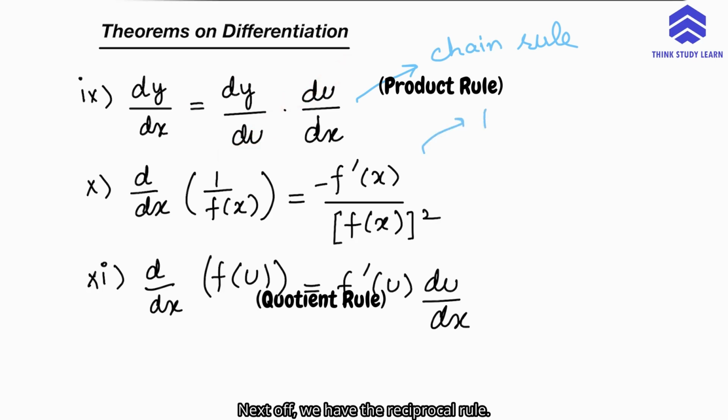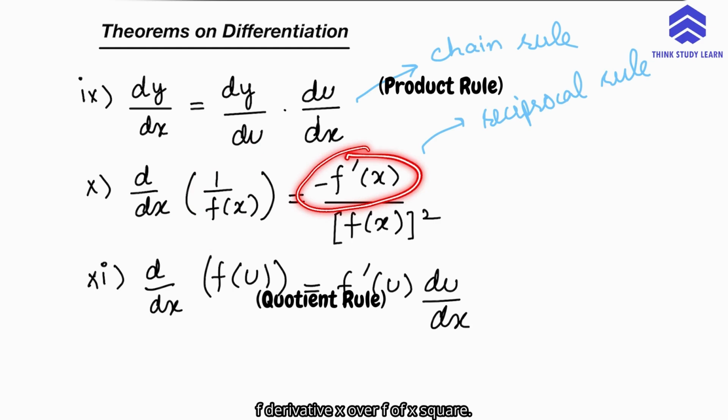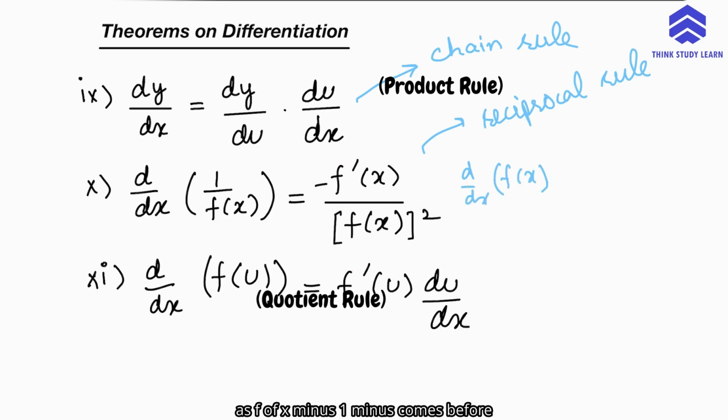Next up, we have the reciprocal rule. The reciprocal rule says that if we have to find the derivative of 1 over f of x, it would be equal to minus f derivative x over f of x squared. Now, how do we get it? We can write this particular expression as f of x to the power minus 1.